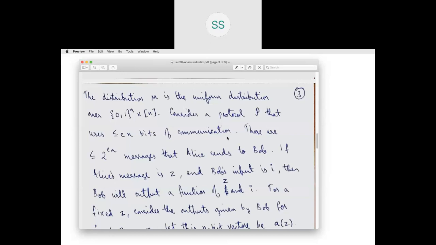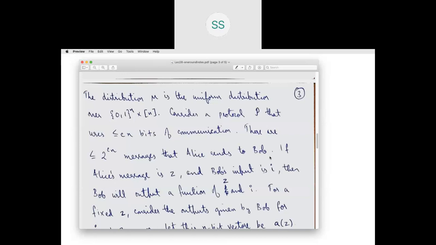Which means Alice can send at most Cn bits in a message to Bob, because that is the total communication that is permitted. Now since Alice is going to communicate in binary, for Cn bits there are at most 2 power Cn possible messages that Alice could send to Bob.